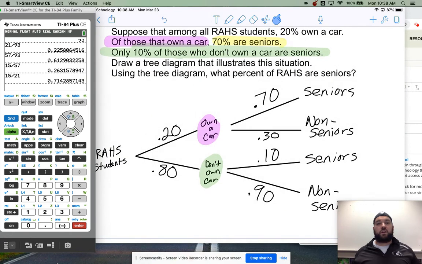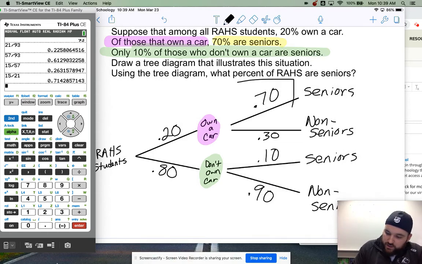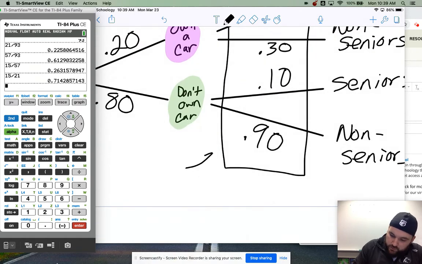So what we've done is split all the students at ROS into basically 4 different categories: seniors with a car, non-seniors with a car, seniors without a car, and non-seniors without a car. What's happening with this tree diagram is all of these right here are given probabilities. These are given.